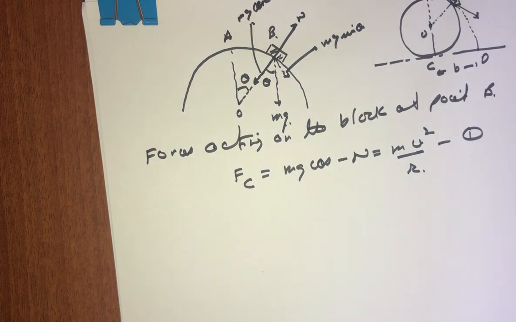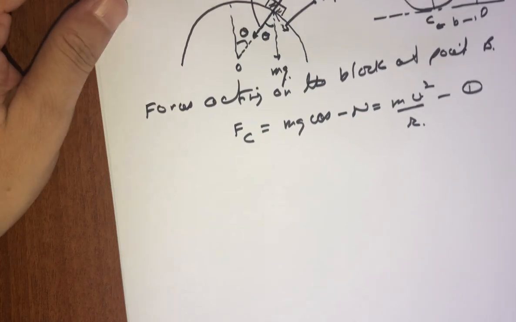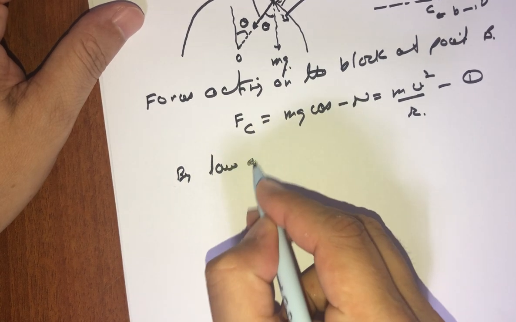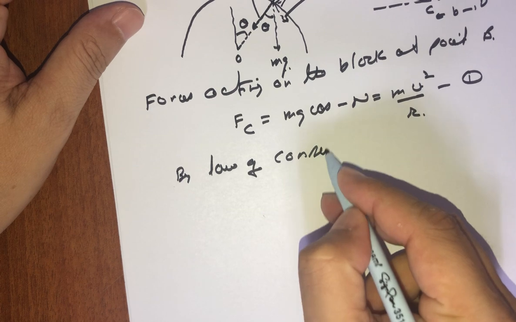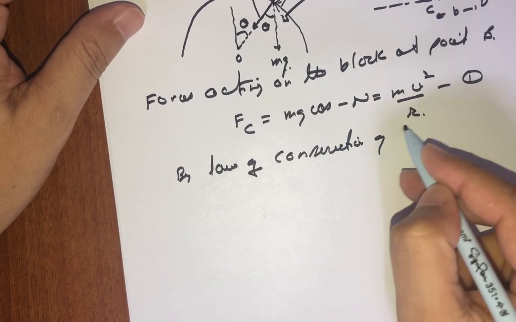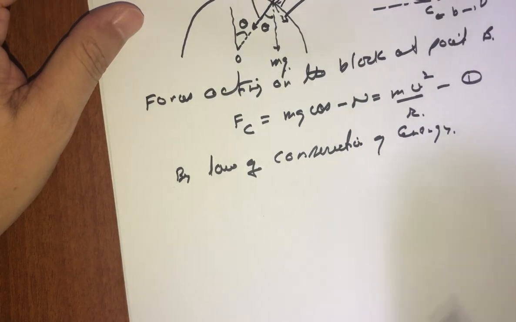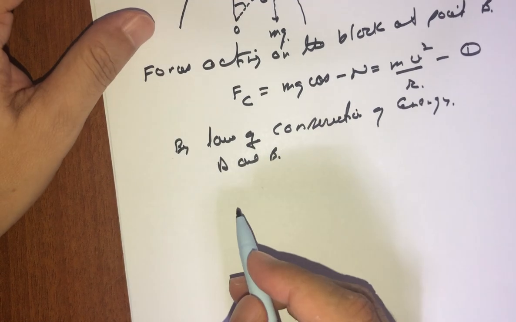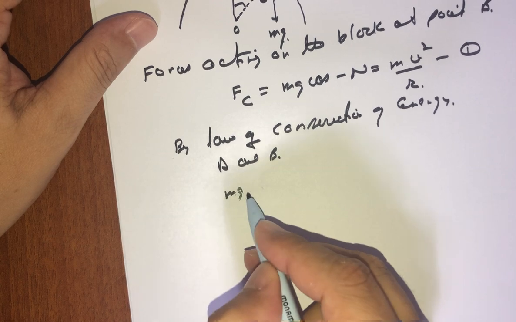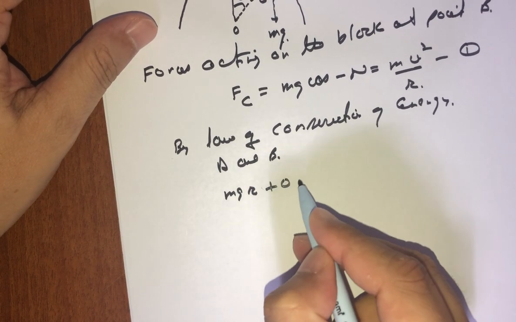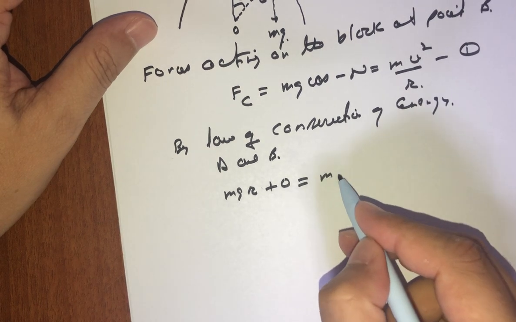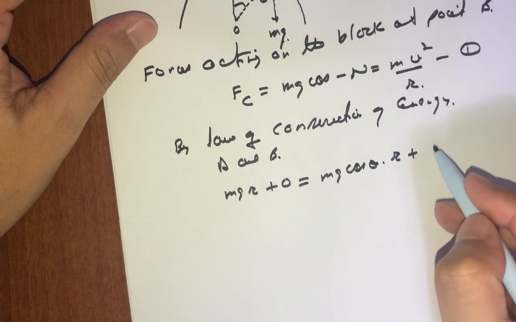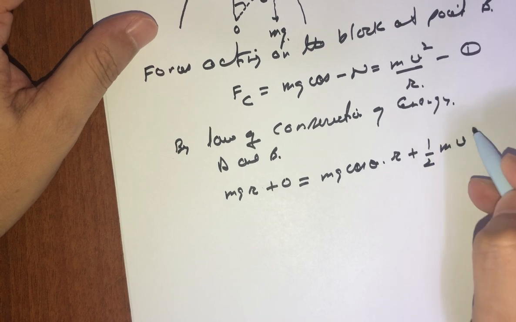Now we are going to use the law of conservation of energy between points A and B. So we can say that mgr plus 0 will be equal to mg cos theta multiplied by r plus half mv square.